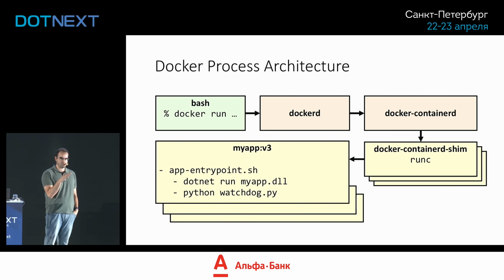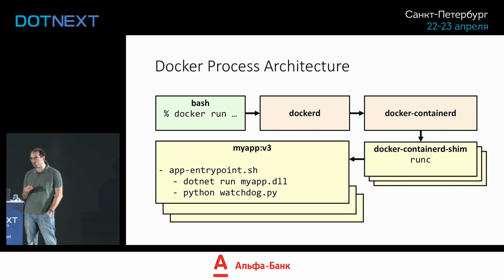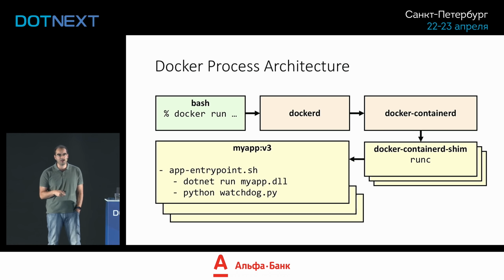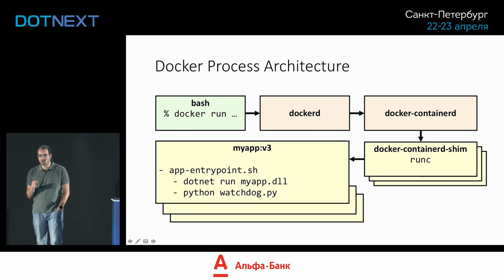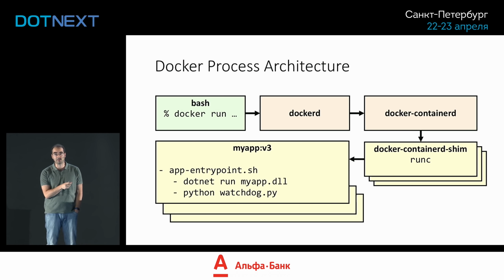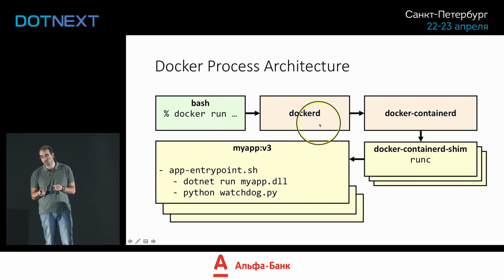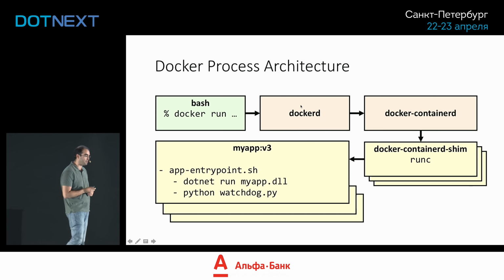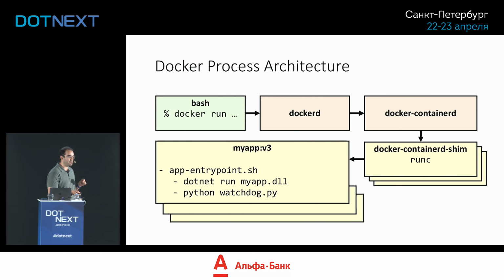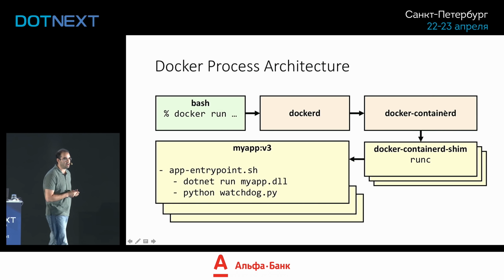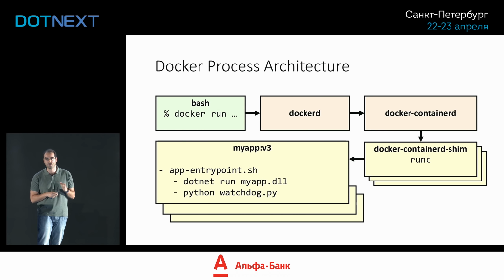And here's a sort of basic architecture diagram of how Docker arranges these things. So you go and type into your shell, docker run this and that. This is the Docker client, the Docker command line tool. The Docker client talks to dockerd, which is a background service, the Docker daemon. That, in turn, talks to containerd, which is one of the runtimes that Docker can use, and that's the default one.